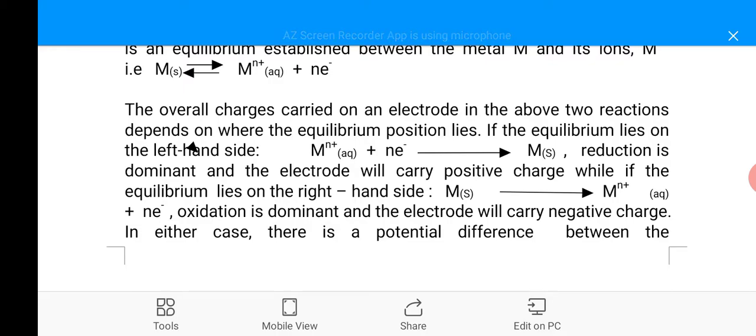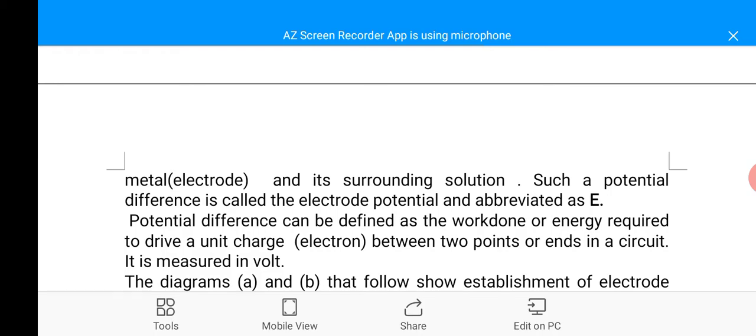Will carry negative charge, because the electrons that are embedded in the atom in its solid form will be left on the electrode as it is getting dissolved into the solution. So that will make the electrode become negative, and it will possess more negative charge.